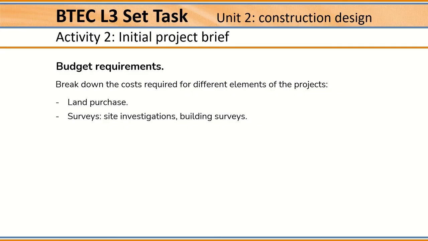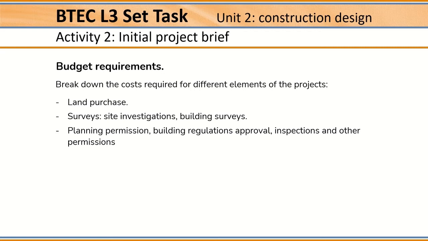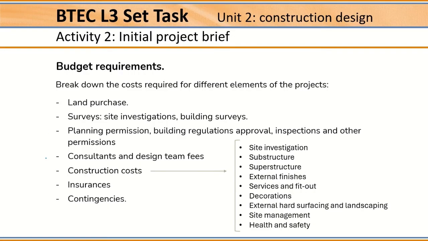Surveys, site investigations, building surveys, planning permission, building regulations approval, inspections and other permissions, consultants and design team fees, construction costs, insurances, and contingencies. A construction contingency is a part of a project's budget to put aside to cover any unforeseen costs.